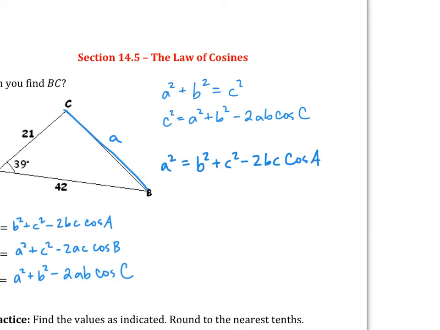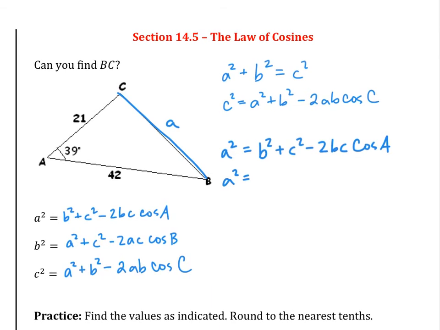All right, let's go ahead and see if we have all the information we need to solve it using law of cosine. A squared is, all right, let's see. B is 21.